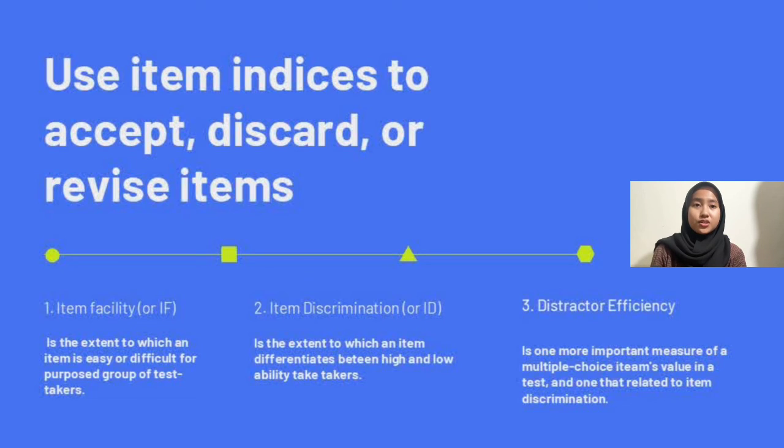Item discrimination, or ID, is the extent to which an item differentiates between high and low ability test takers. 3. Distractor efficiency is one more important measure of a multiple choice item's value in a test, and one that is related to item discrimination.